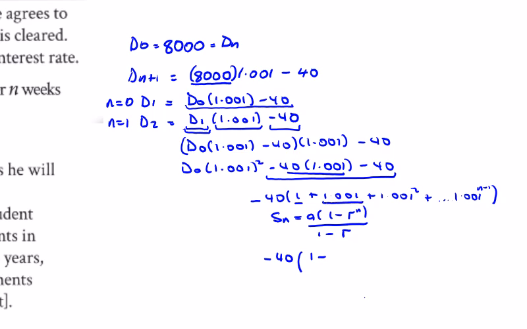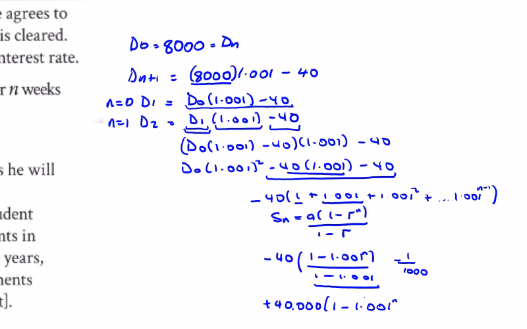We're multiplying by 1.001 each time, to the power of n over 1 minus 1.001. So this is going to give minus 1 over 1,000. So bringing that up to the top, 2 minus will give a plus 40,000 times 1 minus 1.001 to the power of n.